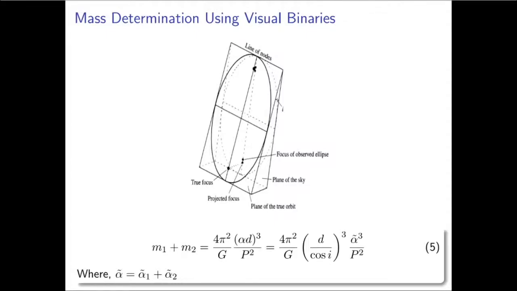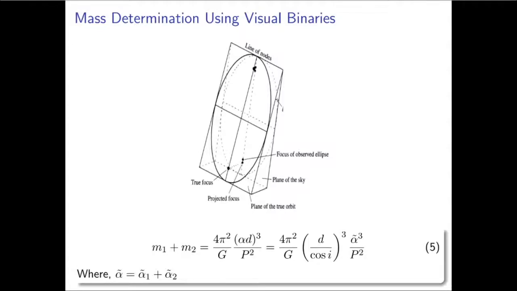Now how can I find the sum of masses of both stars? We can find it by using this formula that is given to you. This is a direct implication of Kepler's formula, the generic formula of Kepler's. But please understand, in order to apply it, you need to find the angle of inclination very properly.